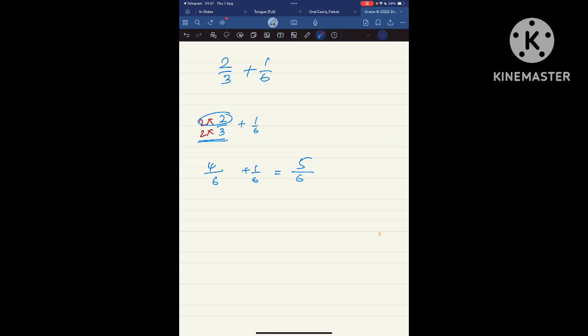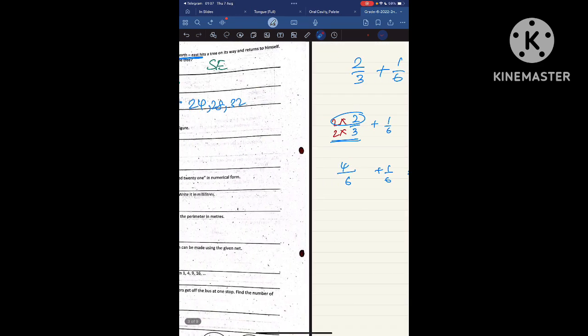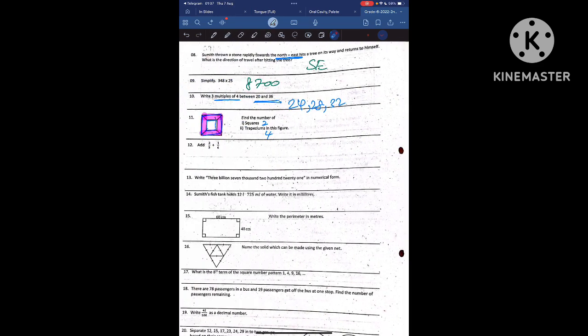I am multiplying this by 2, and this by 2, which means the upper one is 4, lower one is 6. So 4 plus 1 is 5. This 6 is common. It has to be written as it is. So the answer is 5/6.